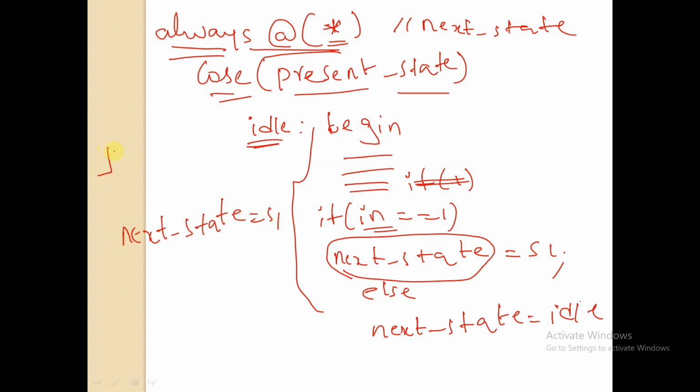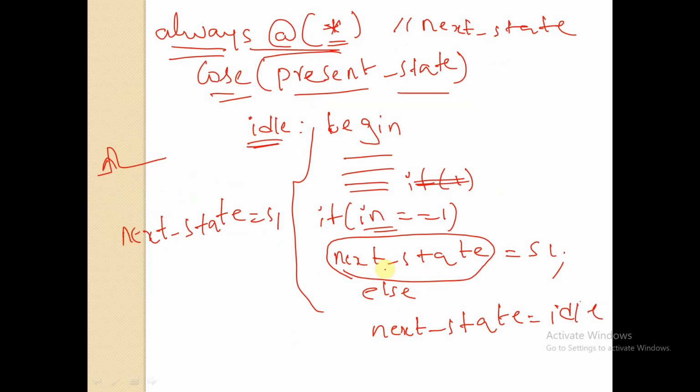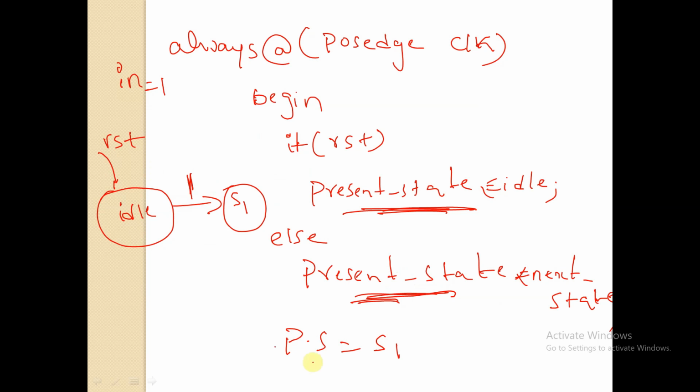Whenever a positive edge of the clock occurs, then the present state will be equal to S1. Then our current state will be equal to S1 whenever there is an input 1. Similarly, under the condition we have given, next state is equal to S1, so our present state now will be in S1.